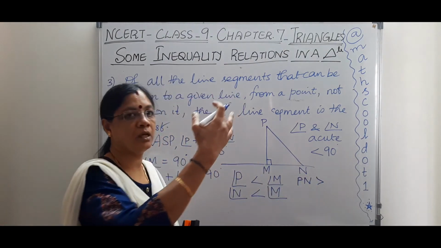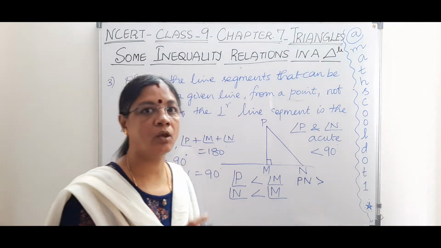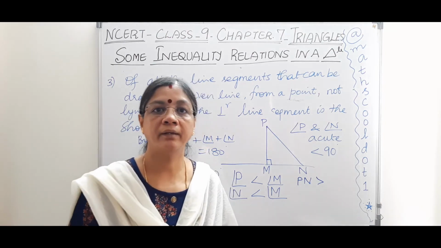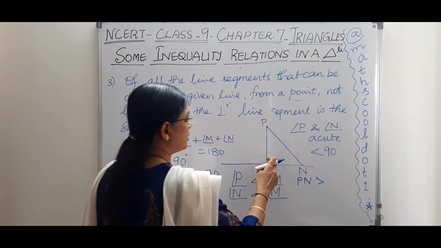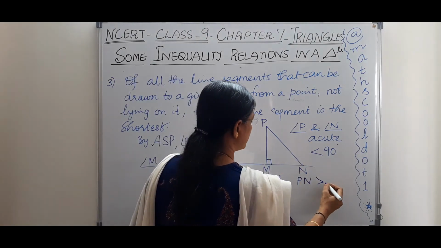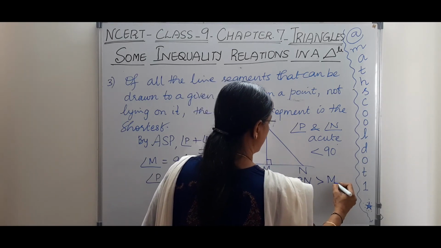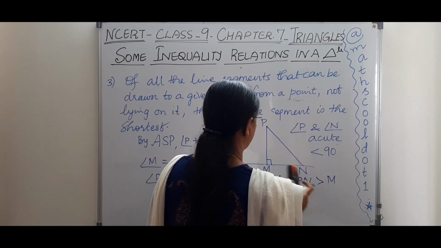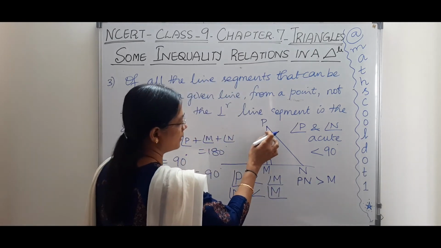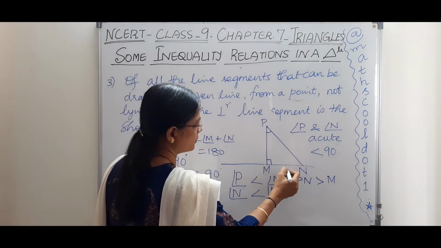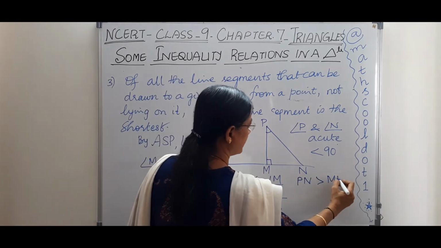According to our first inequality relation, we said the longer side has the greater angle opposite to it, right? So the greater angle is given here, so the side opposite to it will be greater. So PN is greater than MN, isn't it? Because see, angle P is here, the side opposite to angle P is MN here.